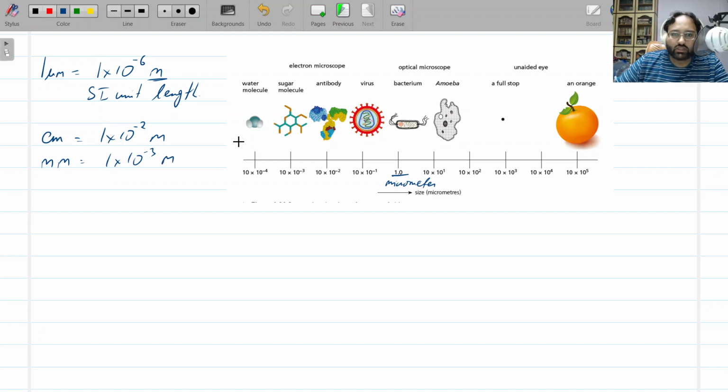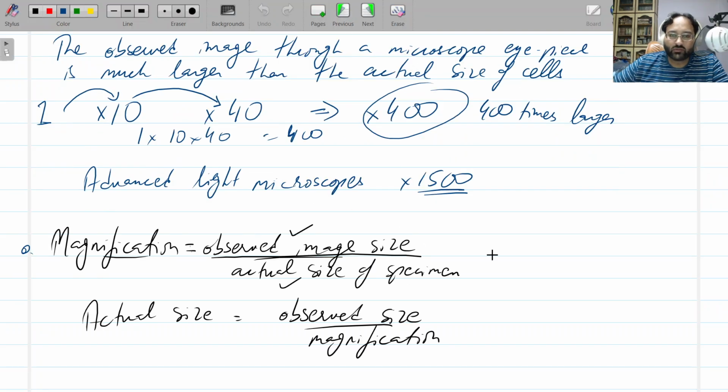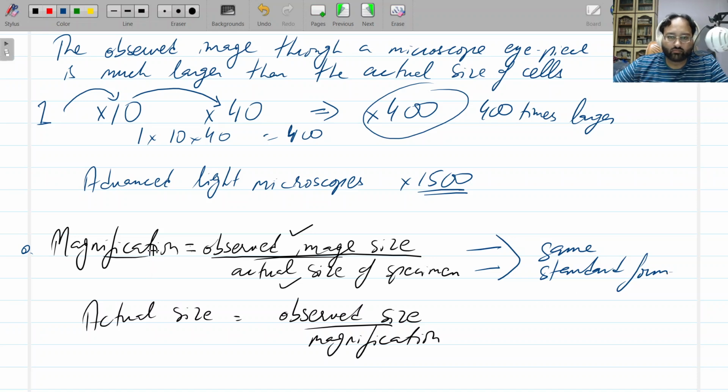What you need to know is converting one to the other. 1 micrometer is already given over here. When you're working with these, they should be in the same power, the same standard form. Is this making sense?